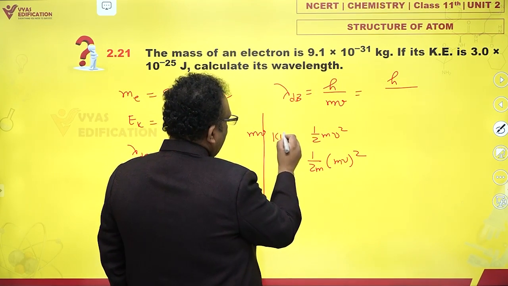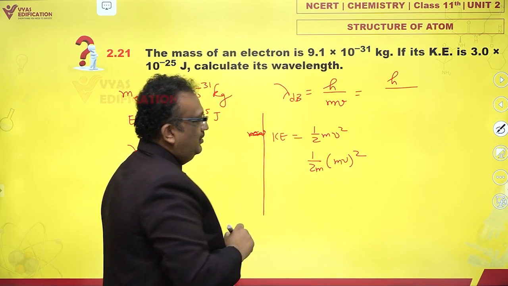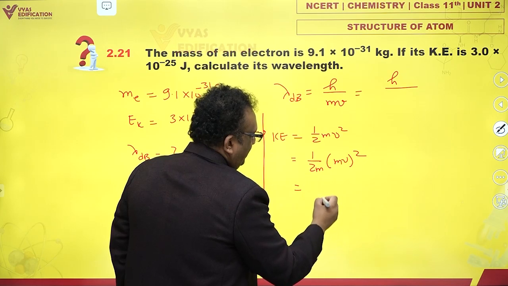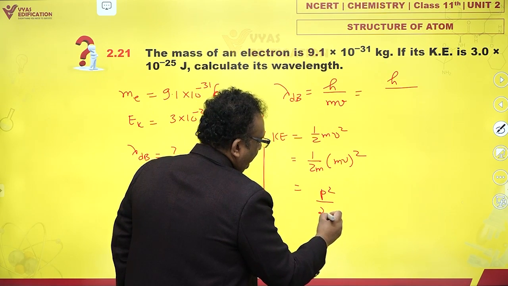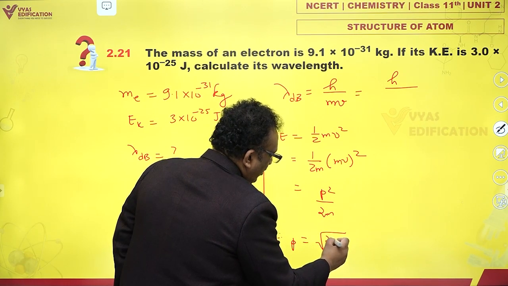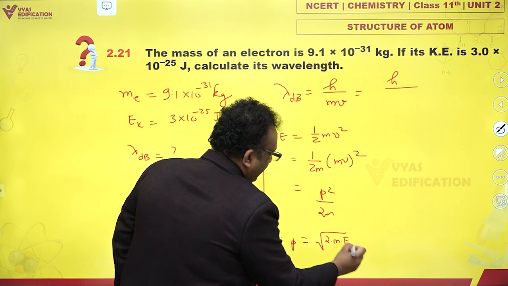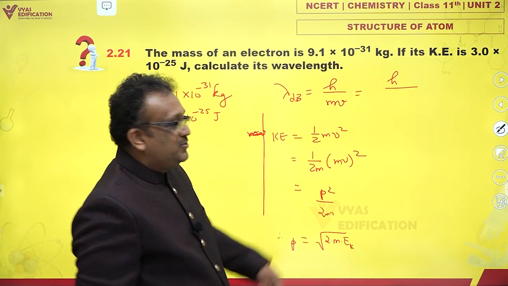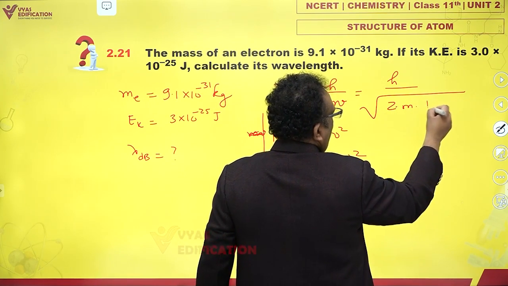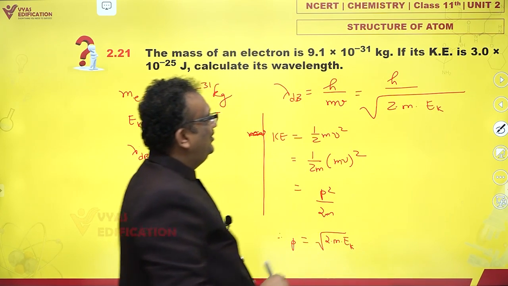It is K, and this is momentum p, so this is p square upon 2m. Therefore, momentum p is equal to root of 2 into m into kinetic energy. So instead of momentum, I could substitute under root 2 into mass of electron into its kinetic energy.